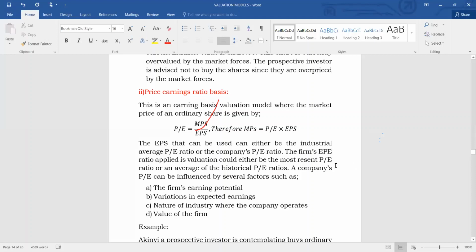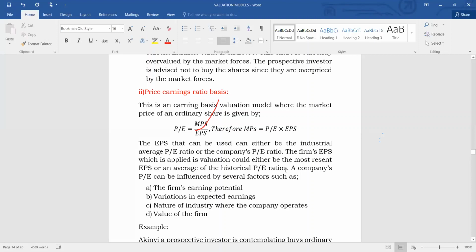The firm's earning per share, which is applied in valuation, could either be the most recent earning per share or an average of the historical earning per shares.